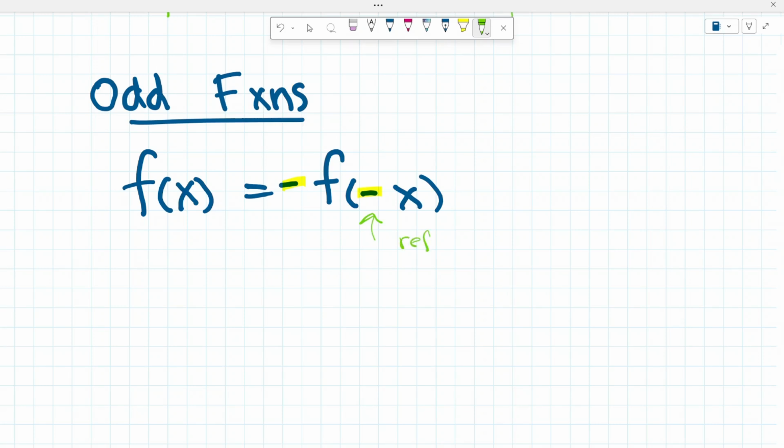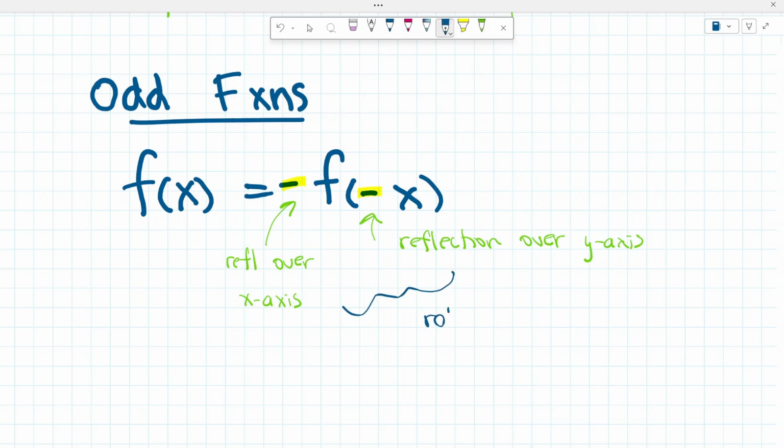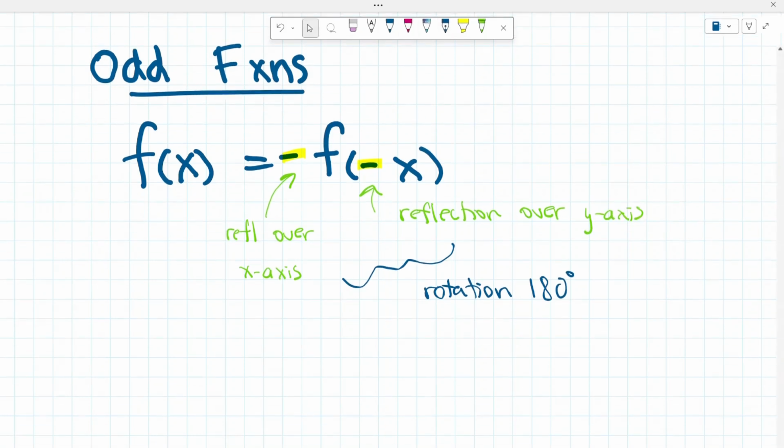So this would be a reflection over the y-axis. And then this one here out front is a reflection over the x-axis. So two reflections together actually end up being a rotation of 180 degrees, meaning that if you rotate your function 180 degrees, you'll end up with exactly the same function you started with.